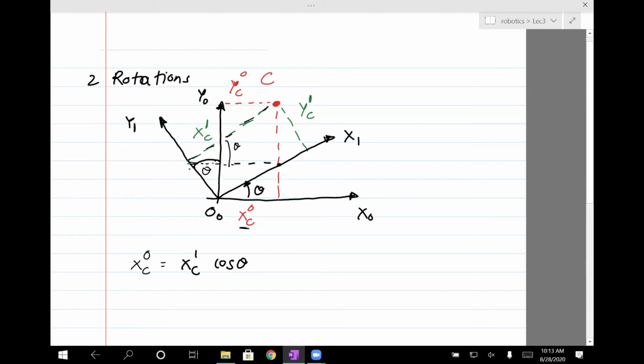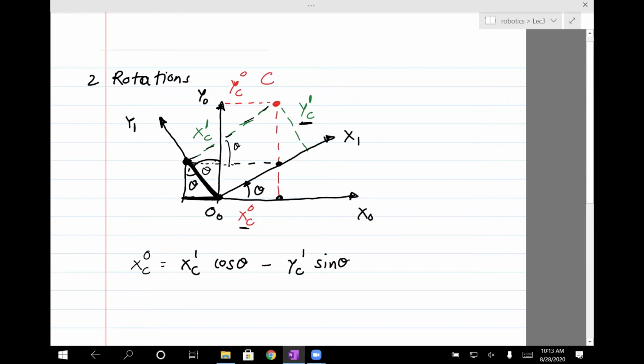This is basically going to give me all this, right from here all the way to here. But xc1 is only the distance from this point to this point, so I need to subtract that out. The way I subtract that out is I can use the fact that if this is yc1, then yc1 sine of theta will give me the distance which I need to subtract from xc1 cosine theta.